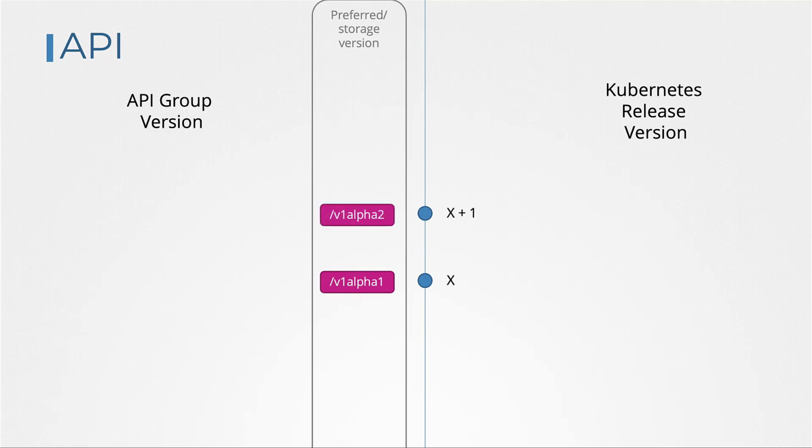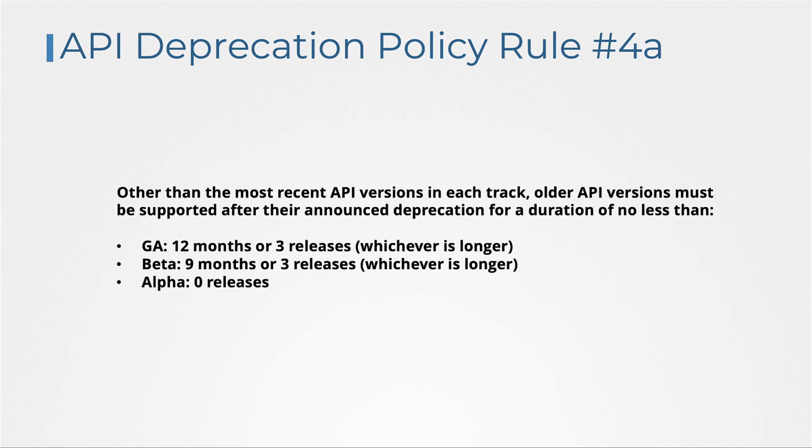With the Kubernetes release of X+1, we released the v1 alpha 2 version of our API group. Now, since we are in the alpha phase, we are not required to keep the older v1 alpha 1 version as part of this new release. And this is part of rule 4a of the Kubernetes deprecation policy.